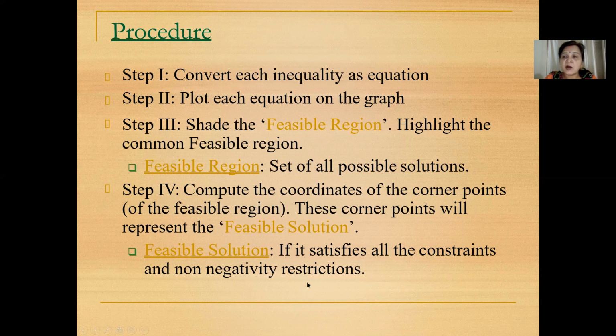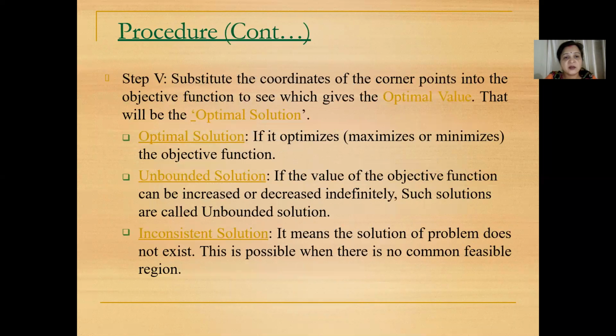And out of these feasible solutions, we get the optimal solution if it optimizes the objective function. Or we can say if it maximizes or minimizes the objective function, then we get the optimal solution. Next is unbounded solution. If the value of the objective function can be increased or decreased indefinitely, then such solutions are called unbounded solutions.